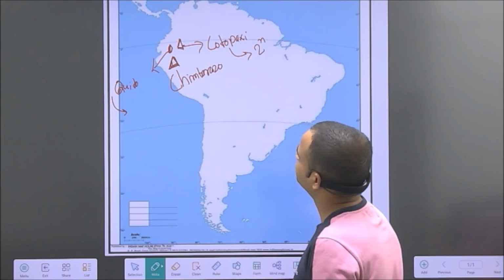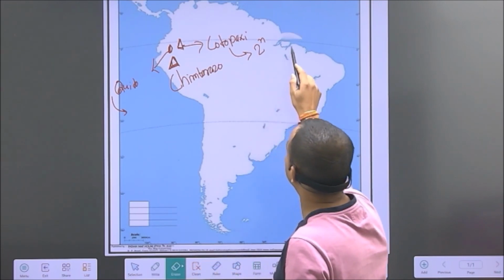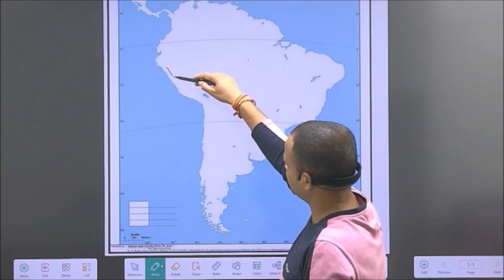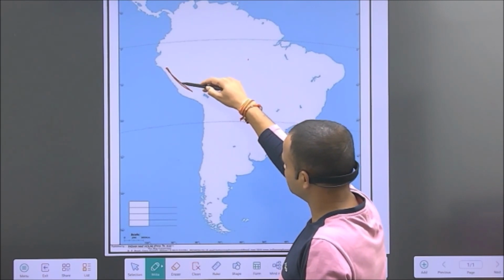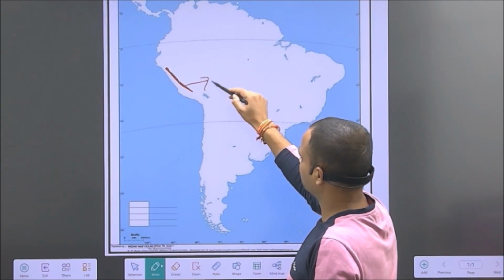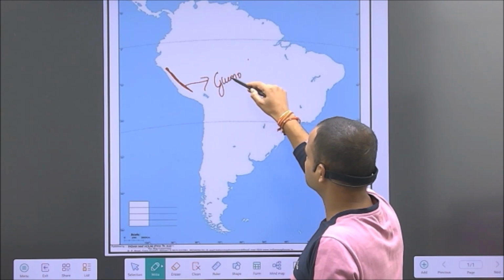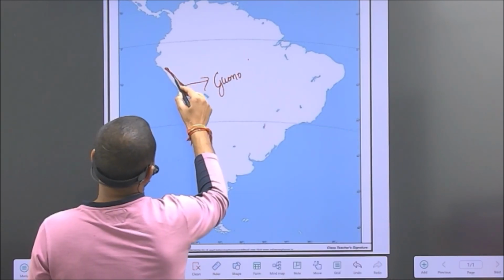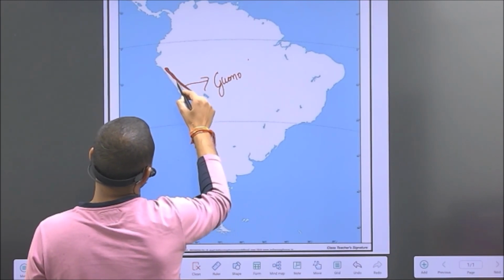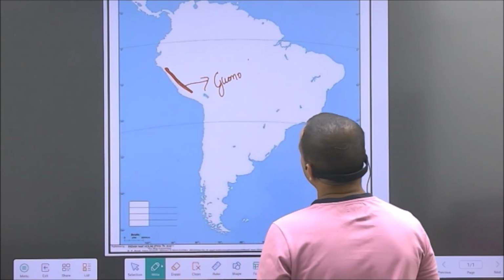So I hope the physical landscape in this place you can understand. In this place, which is the coastal region of Peru, it is popularly known for guano.